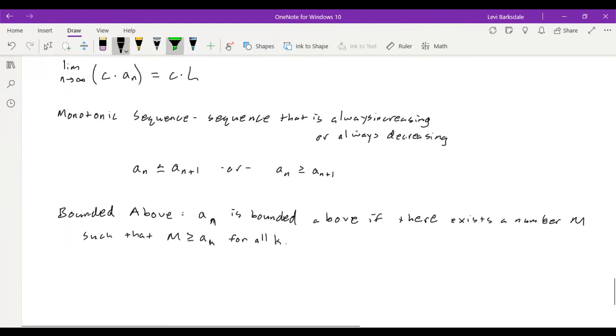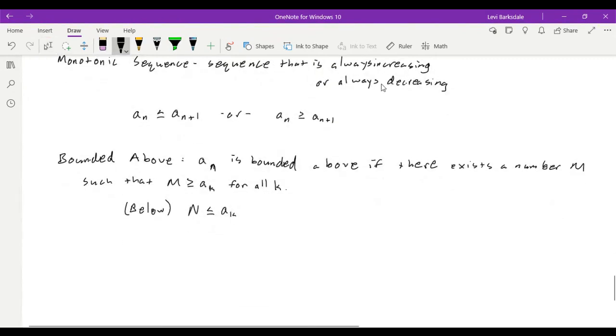Basically, our number that we picked, our so-called upper bound, is bigger than every term in our sequence. And we could also change that to bounded below if we have a number that is always smaller than every term in our sequence.